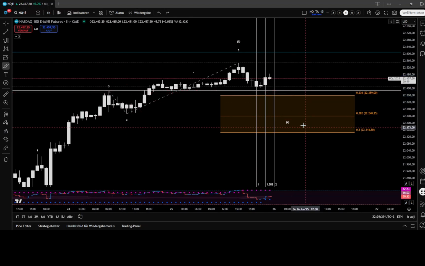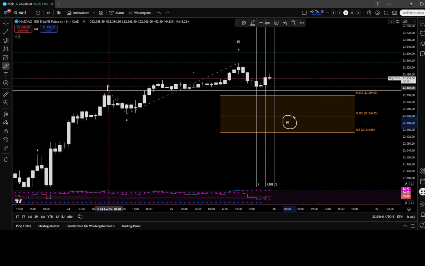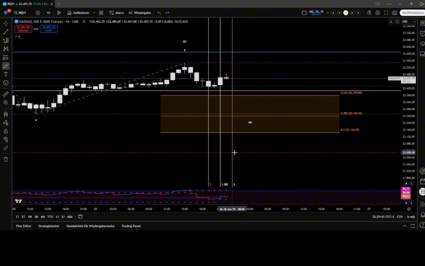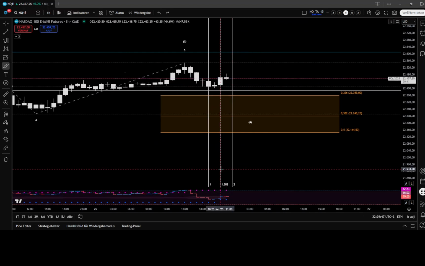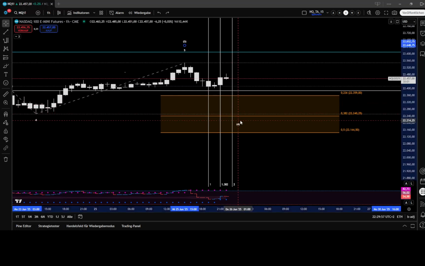But we want normally the higher degree wave 4 to be longer in time than the lower degree wave 4. And therefore I brought up the 1.382 time extension and the 2.00 time extension. That means we should ideally finish this wave 4 between the 1.382 and the 2.00 time extension.